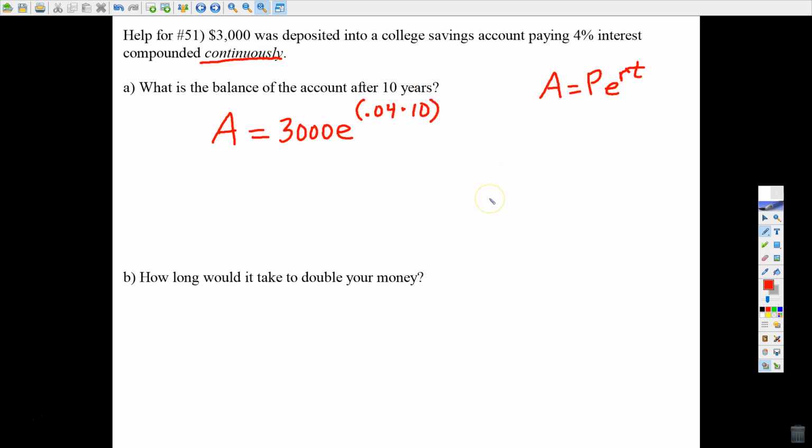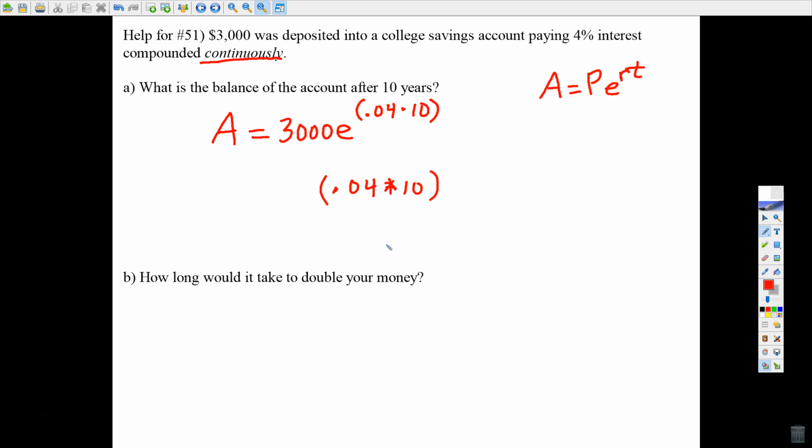Okay, so now we just turn it over to our calculator and you just literally input 3,000. Then do your e to the x button, and it has left parentheses ready for you to input this exponent. Okay, so in that exponent you're going to do 0.04 times, so it literally looks like this, and then 10. And then don't forget to close your parentheses.